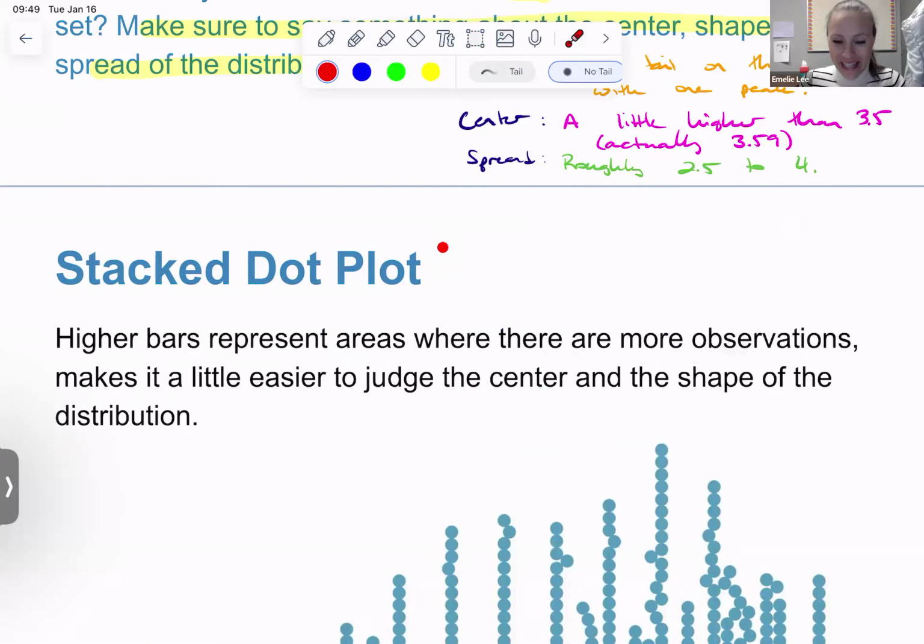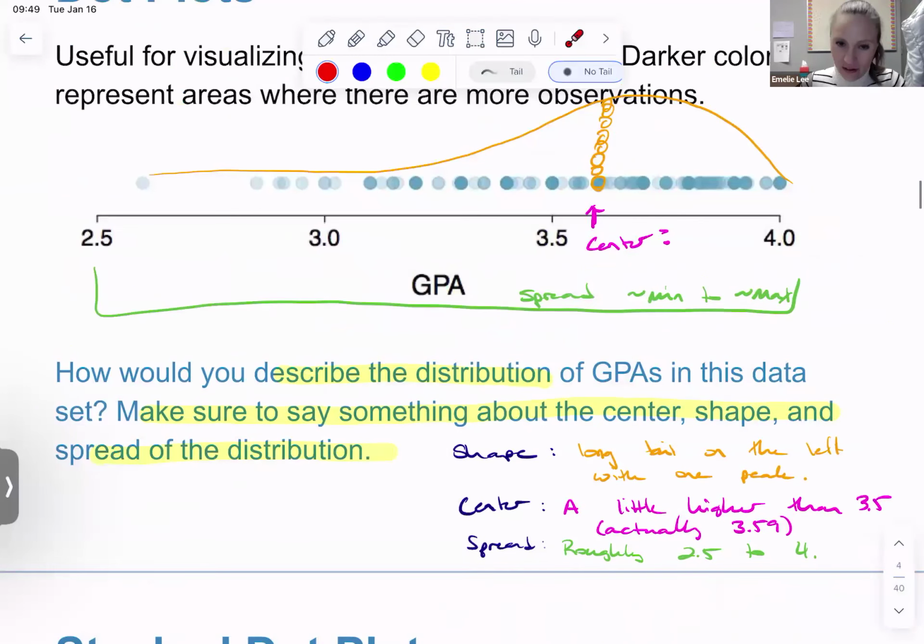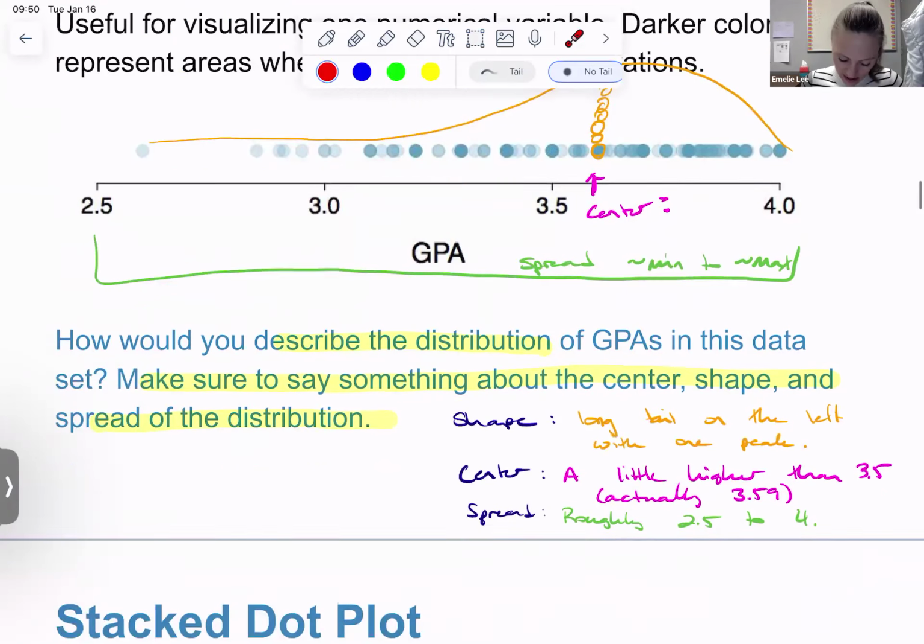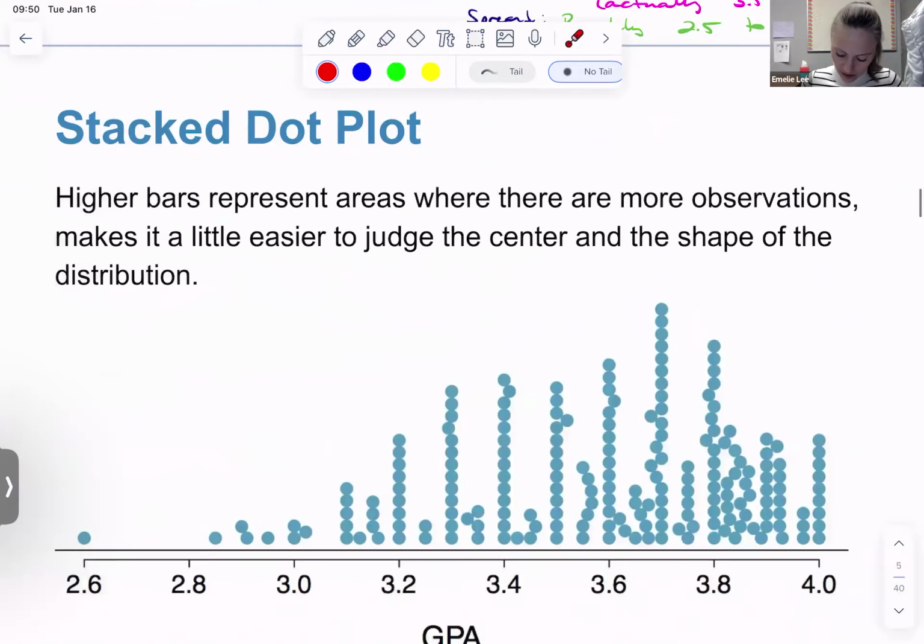A stacked bar plot is exactly what we kind of ended up developing with our dot plot, right? We stack the dots instead of layering them. And so a stacked dot plot looks like this. Again, not very common that we would use these.